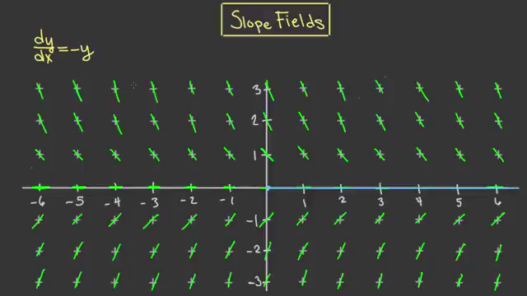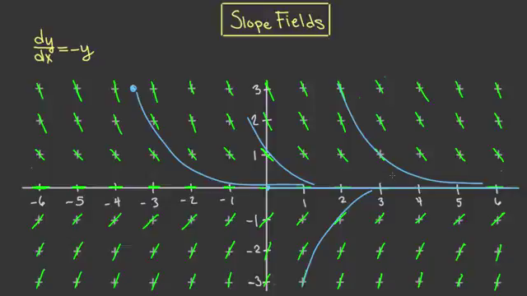A curve that starts above the x-axis is going to swoop down until it becomes parallel with the x-axis. We get the opposite behavior for curves whose initial value is below the x-axis. They move up and curve until they become parallel with the x-axis from below. So just by drawing this slope field, we can tell qualitatively that all solution curves are going to tend towards y = 0 as x gets large.